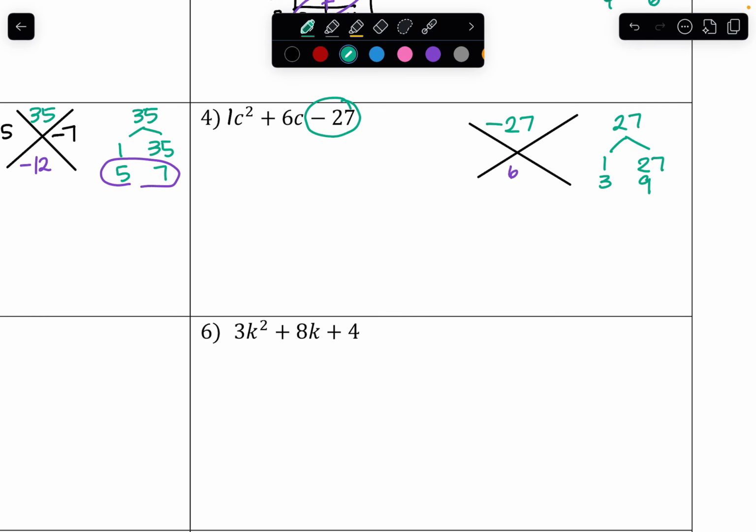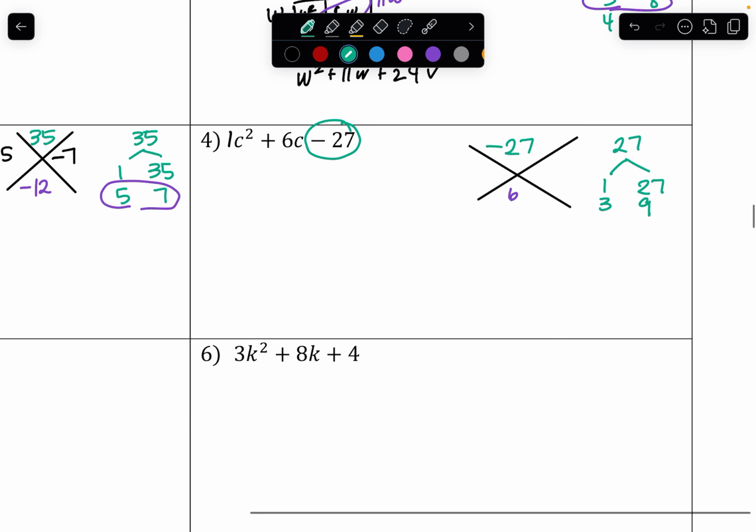And so now, keeping in mind that one of these has to be negative in order to multiply to a negative, we're looking for a promising pair that could get us to 6. 1 and 27 cannot get us to 6, but 3 and 9 can if the 3 is negative, because 9 minus 3 is positive 6.